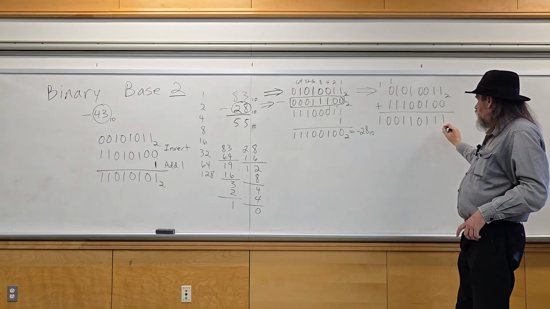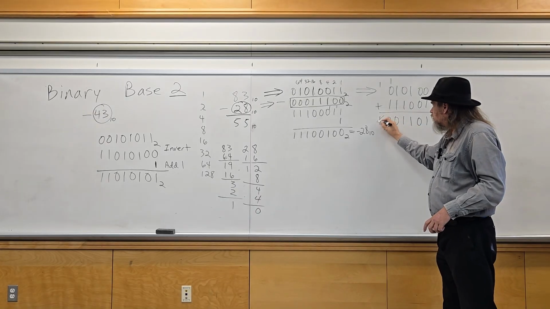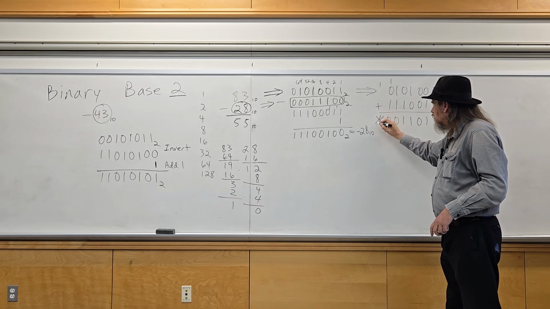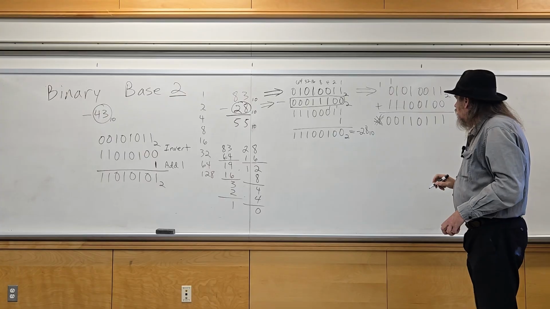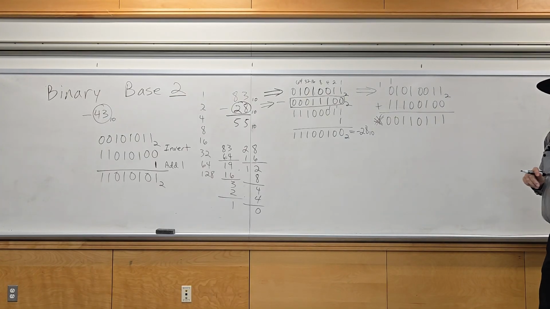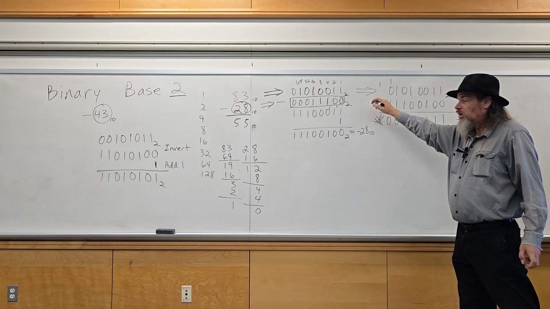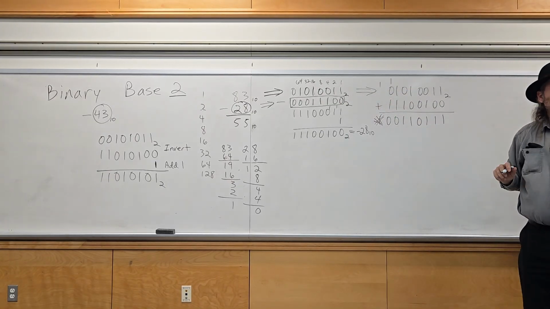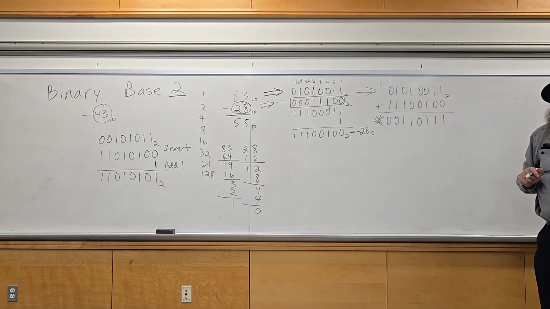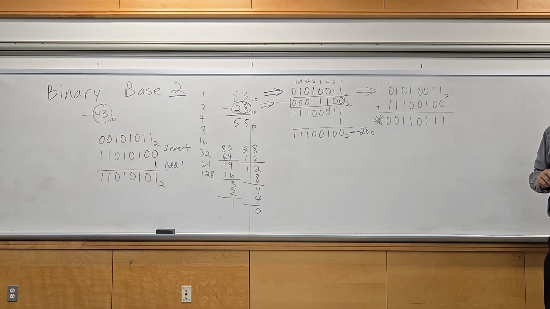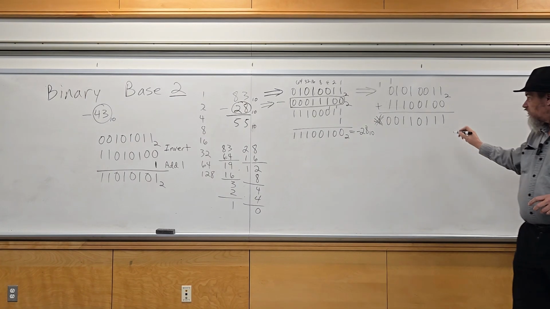But that's 9 bits, so you can throw this one out, and that is your result. Yeah, the extra 1 at the end on the left, when you do 2's complement addition, gets thrown out. This is the answer right here.